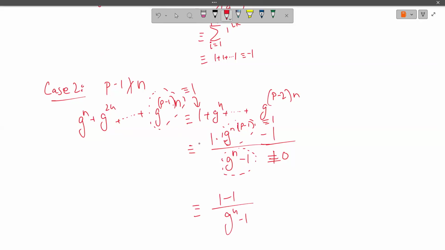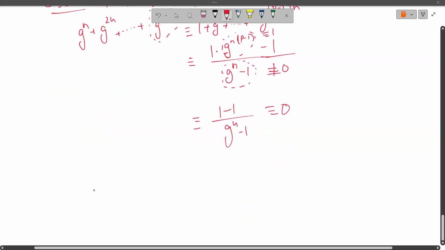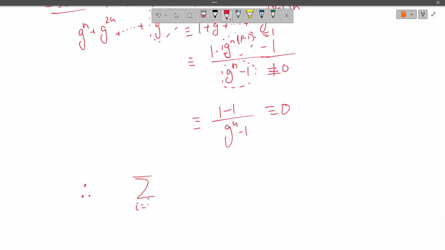Yay! We have proven our first problem using primitive roots. Therefore, we conclude that the sum for i equaling 1 to p minus 1 of i raised to the power n is congruent to negative 1 if p minus 1 divides n, and 0 otherwise.